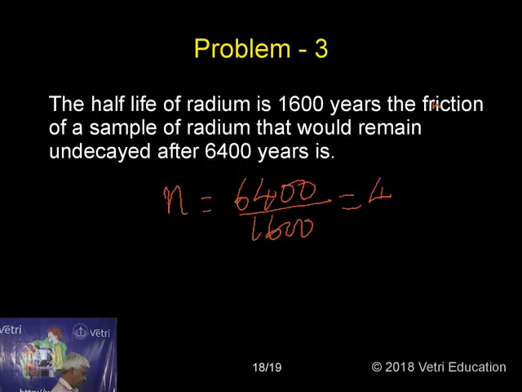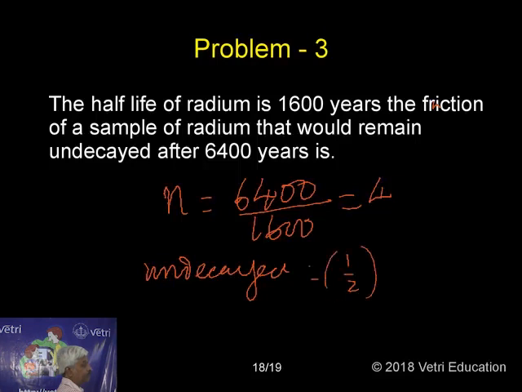We know the fraction remaining undecayed is half to the power of n, that is half to the power of 4, that is 1 by 16. That is the answer. How does the 1 by 16 come? If I take the total atoms as 1, when time increases the number of atoms decreases, therefore 1 by 16 atoms remain after 4 half-lives.